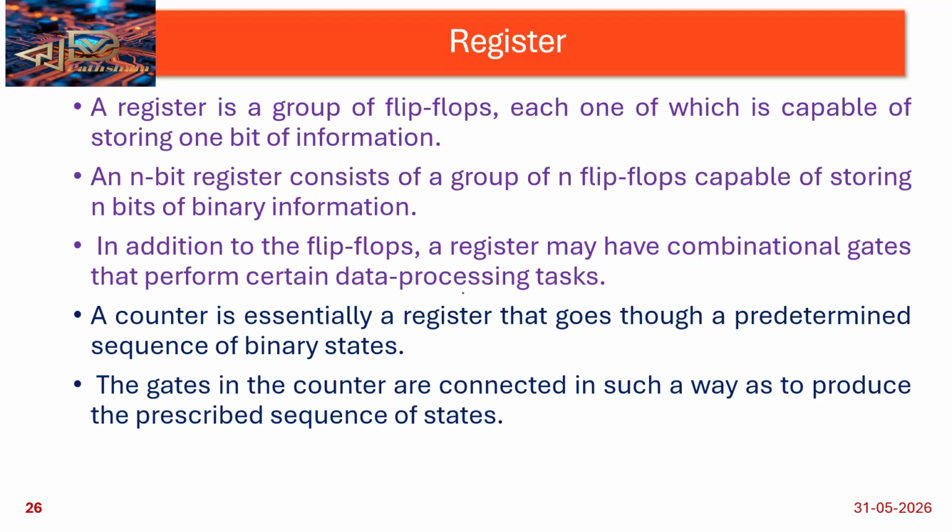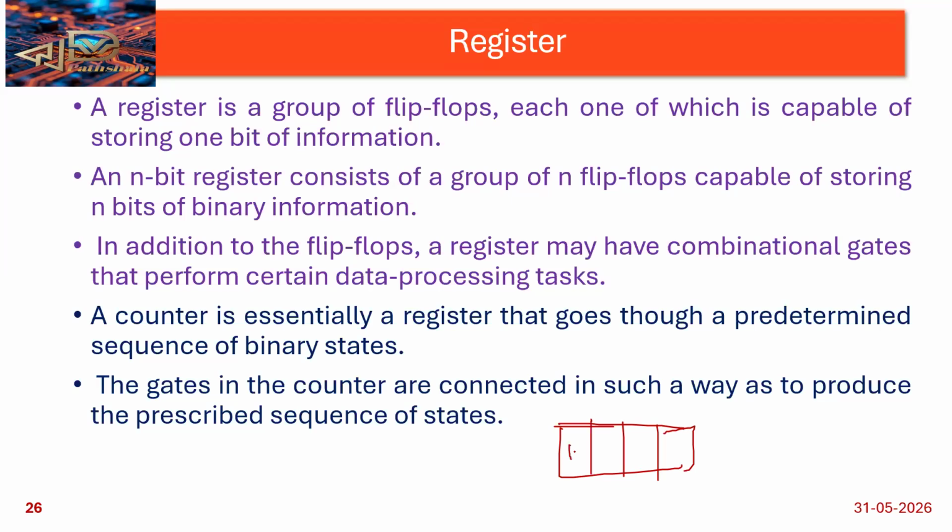Registers means a group of flip flops we will form. A group of flip flops I will consider, then different registers we will form. So if you want to form an n-bit register, then n number of flip flops you need. Suppose I want a 4-bit register, this is one flip flop, this is another flip flop, this is another flip flop.